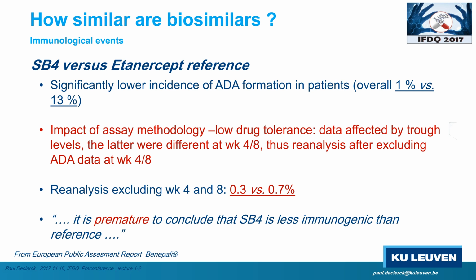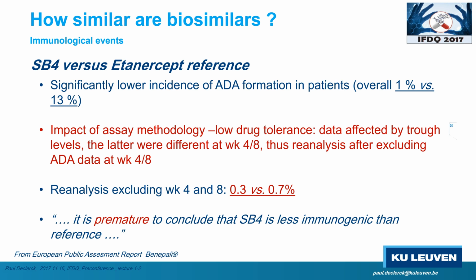We can say that's very good, because it gives you the impression that the biosimilar, in terms of immunogenicity, is better than the reference product. But obviously, we want to have something that is similar, not something that is better. So that's also very important in the biosimilar concept. You have to demonstrate that your product is similar.